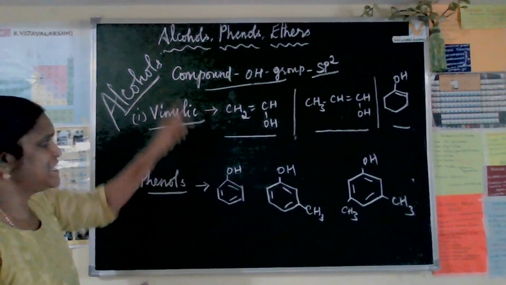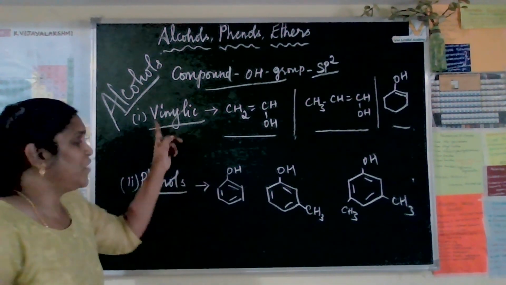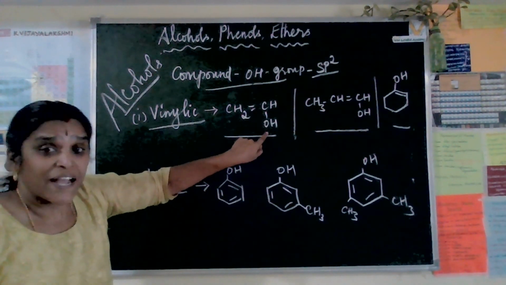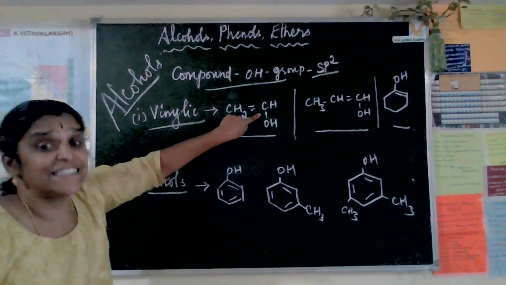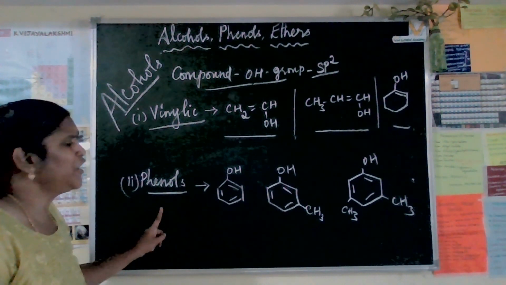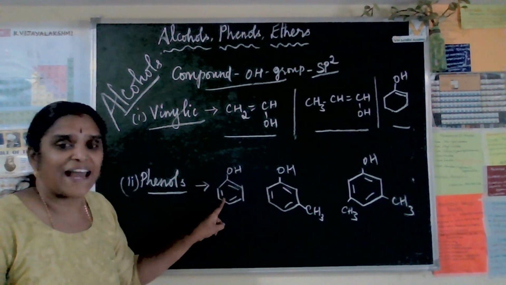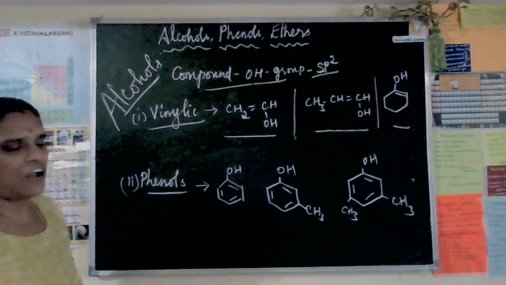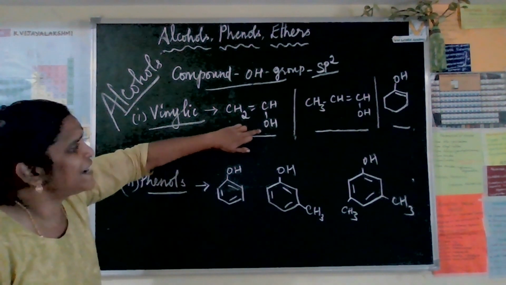Here, two points: vinylic and phenols. Vinylic means the OH group is connected to an unsaturated carbon. That is called vinylic alcohol. Phenols means the OH group directly attaches to the benzene ring. Now, what is the name?